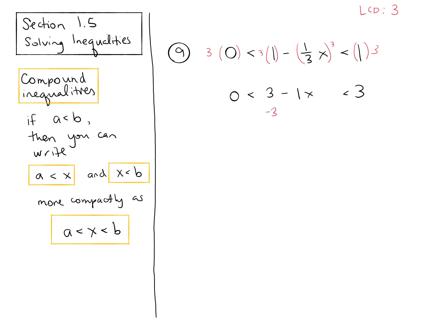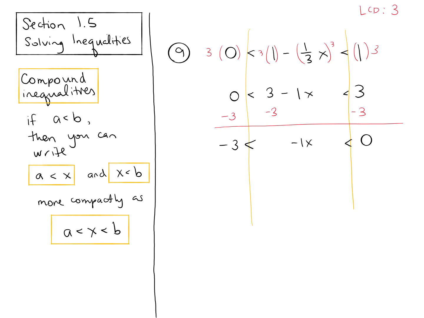So I'm going to do that. Actually, let me just draw in my line so we can follow along. Alright. I'm going to get negative 3 is less than negative 1x is less than 0.